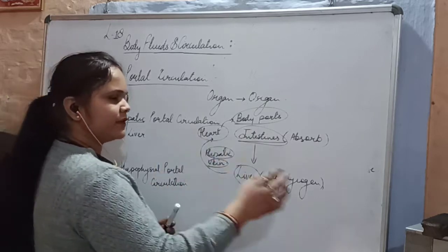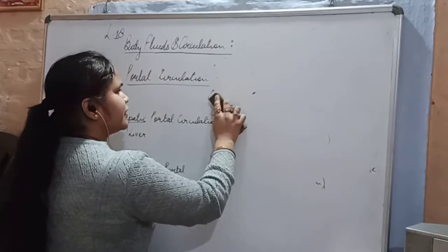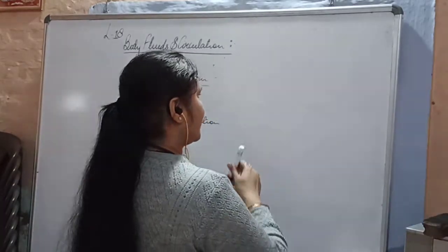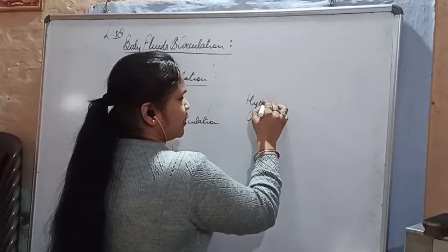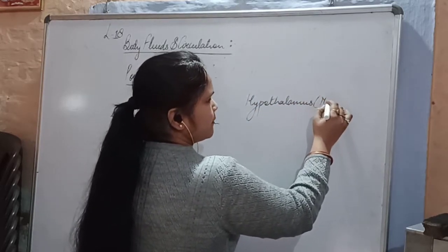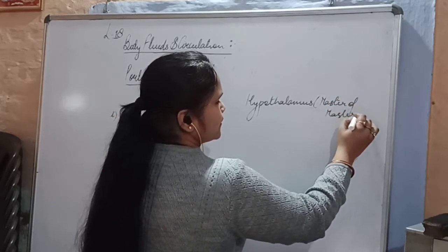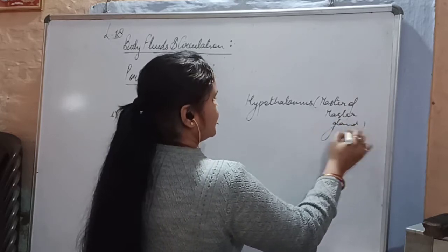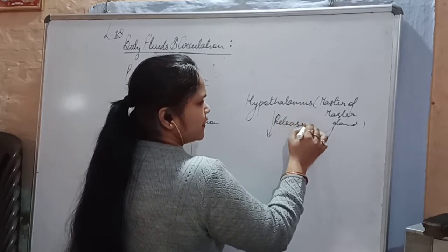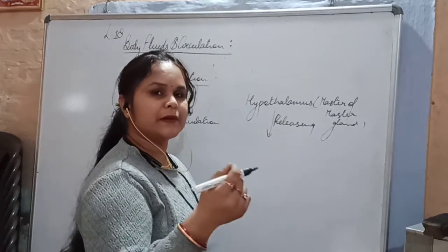As it is a master gland, it is going to release certain releasing hormones, like growth hormone releasing hormone and adrenocorticotropic releasing hormone.